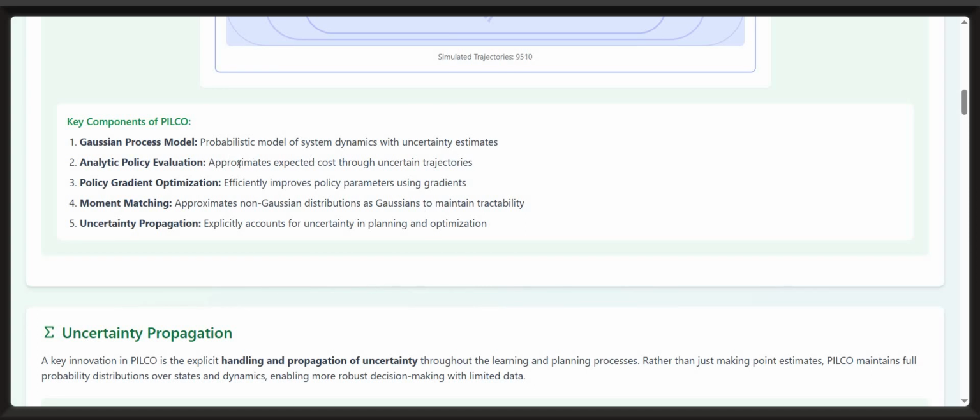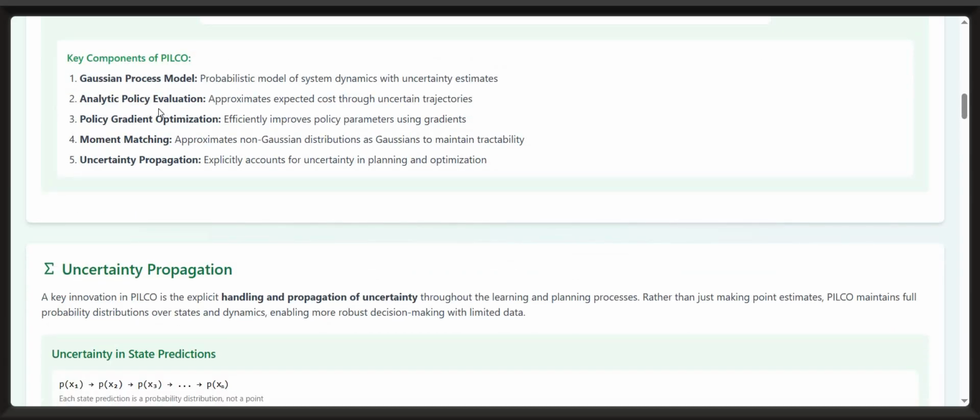There is a list of the key components of PILCO, so let's just briefly go through what those are. The Gaussian process model is the part that learns how the system reacts to actions. It gives you both a mean prediction and an uncertainty. Then we have got policy evaluation, which estimates how good a policy is without needing to actually run it in the real world.